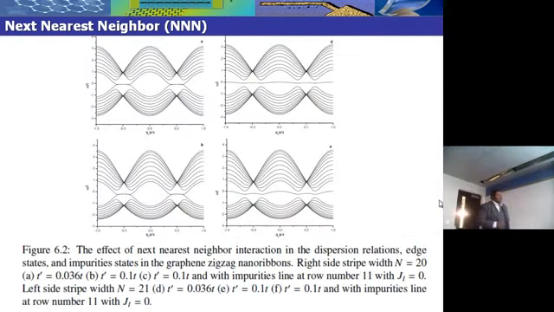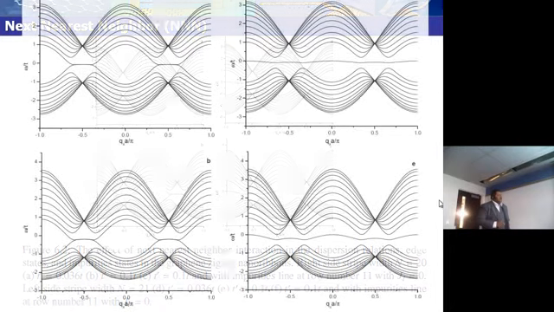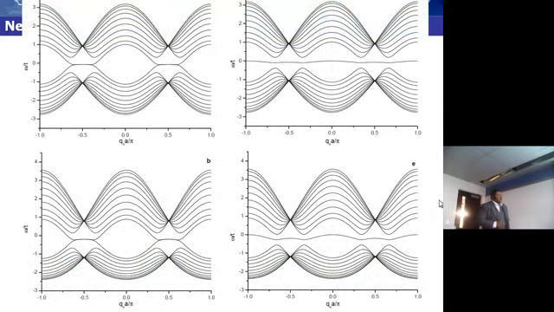Here it becomes more expanded, and here it becomes squeezed, as we increase the next nearest neighbor hopping. The effect of this is very clear here. We are squeezing the number of modes here and expanding the modes here. Also, the Fermi level begins to move.